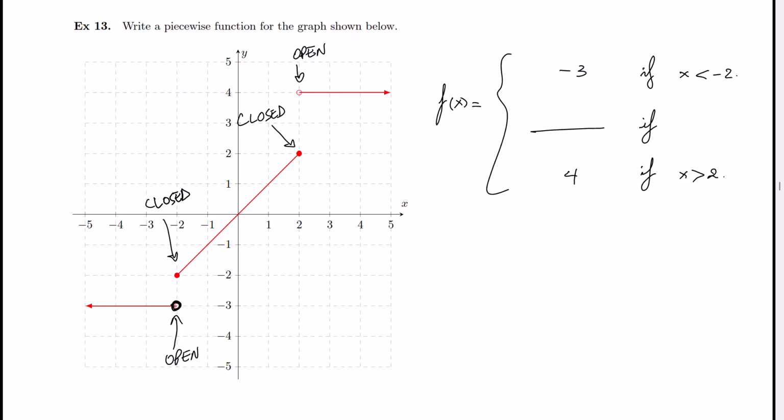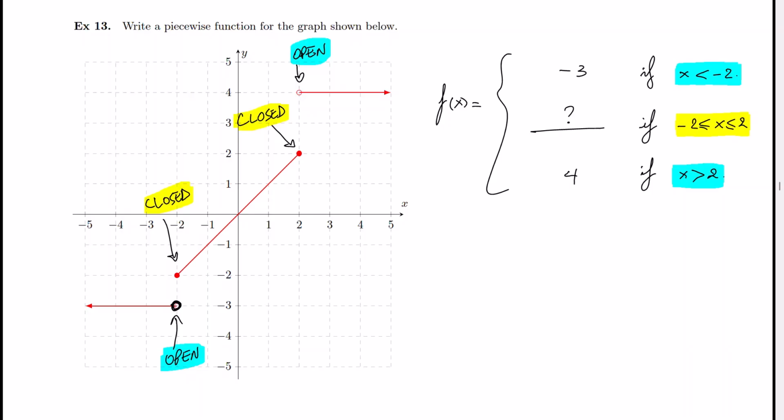So the points are closed, so that means from -2 to +2, I'm going to have some kind of a number as the output, and we need to figure out what formula gives us that output. But notice how I'm putting an equal sign because the points are closed. So because the points are closed, I'm putting equals on my inequality. And when the points are open, I'm putting just less than or greater than without the equal sign.